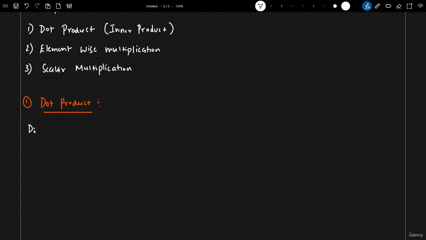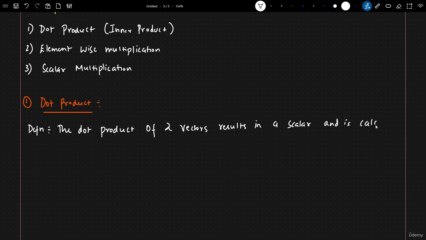First of all, we will go ahead and provide the definition. So the dot product of two vectors results in a scalar and is calculated as the sum of the products of their corresponding components.